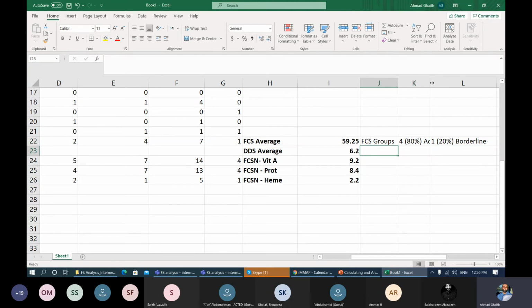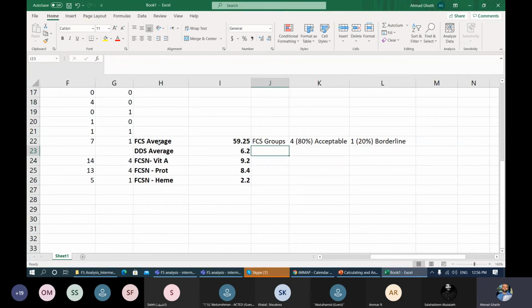Alhamdulillah, nobody is poor, but taken together, now we see Ammar. Now we see somebody who's in the borderline. So when we look at the average, we can now say that our population is not all at the acceptable level.